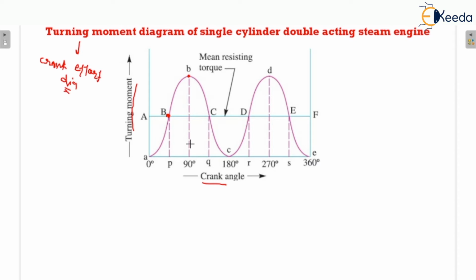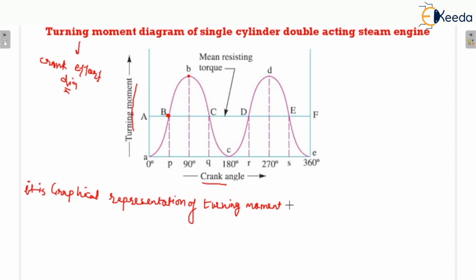So what we can say, the turning moment diagram is a graphical representation of turning moment for various positions of the crank.